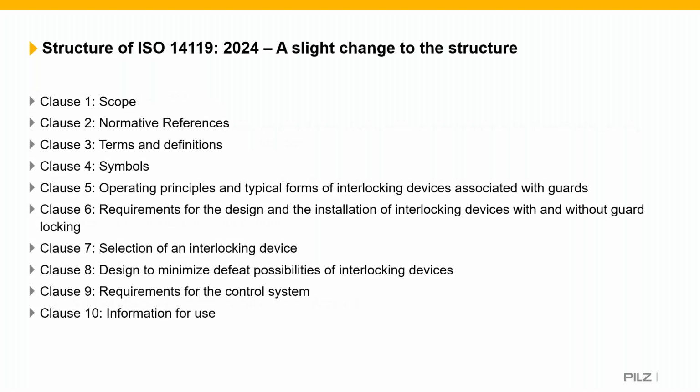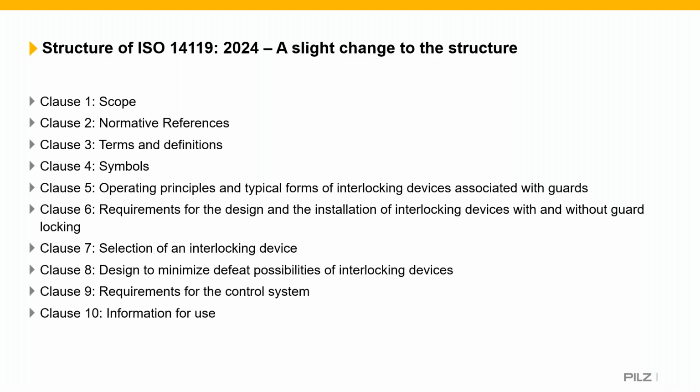So the standard itself is broken down into 10 main clauses, and they are in essence as was in the previous edition. So clause 1, the scope, so what does it actually cover? Clause 2 is the normative references, so it will make reference to things like 13849, 13857, 14120, so other B-type standards and things like that you've got in there.